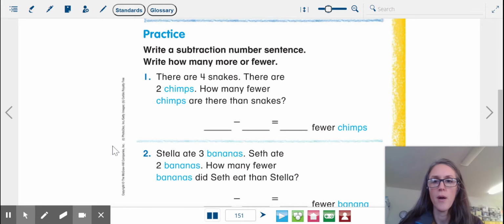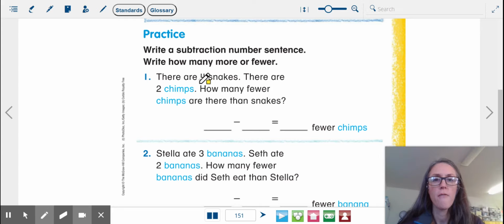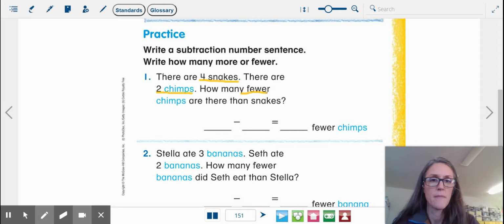Okay, let's look at the problem. It says there are 4 snakes. There are 2 chimps. How many fewer chimps are there than snakes?